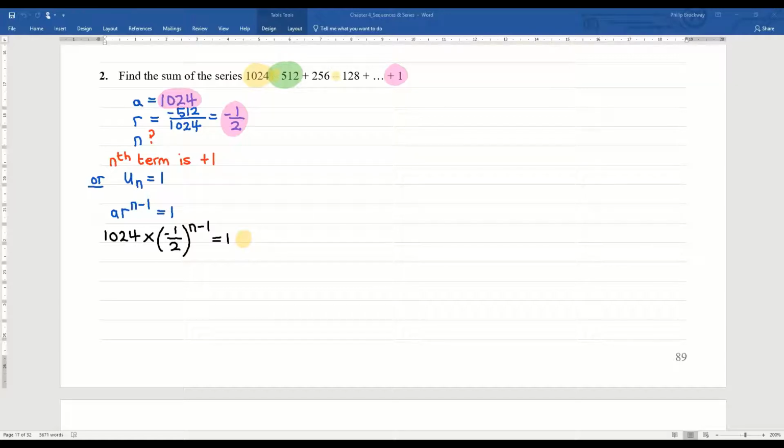But you can see clearly that each term is half as big as the previous one. So even though we know that R is really -1/2, we can fudge a little bit and just pretend it's not, because we just want to find out how many terms there are. How many times do you have to halve 1024 until you get to 1? It's essentially what we're trying to find.